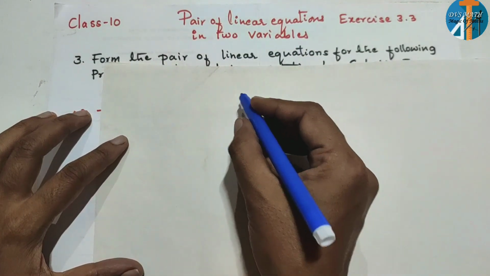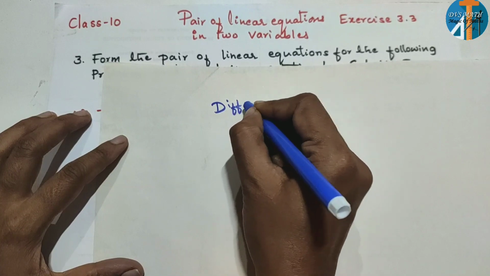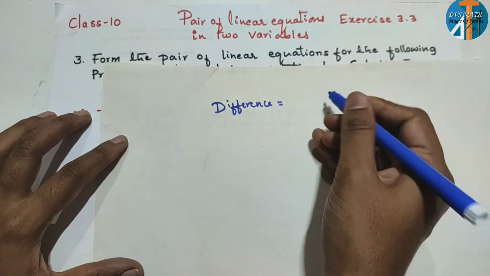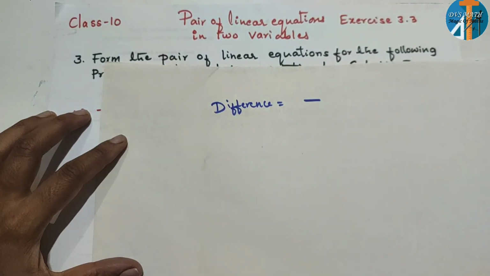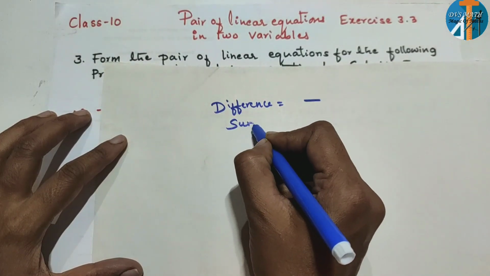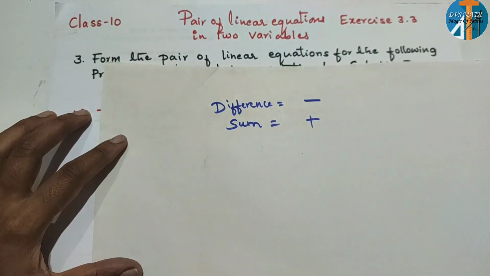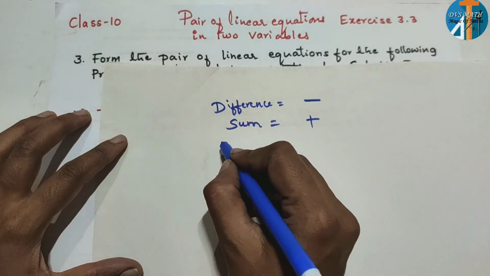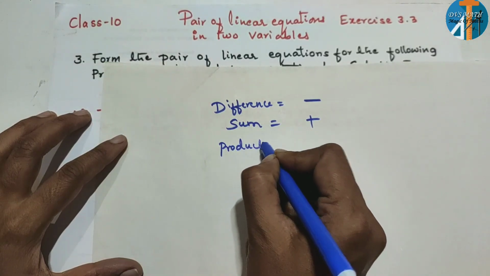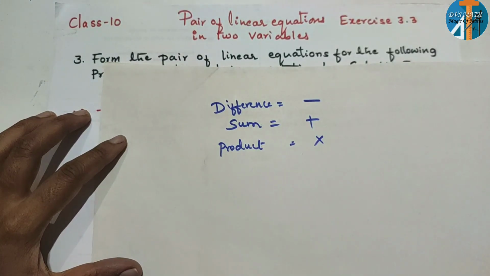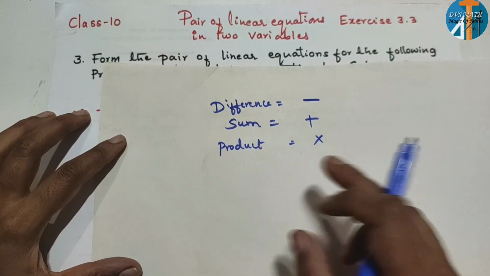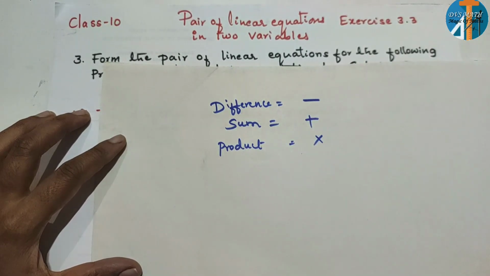If the keyword is difference, it means minus. And sum means plus. Product means multiplication, like product of two numbers, sum of two numbers, difference of two numbers.